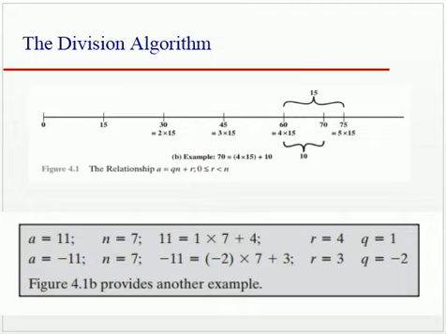So in this case r will be equal to 3, while the quotient q is equal to minus 2. You can perform this by representing these numbers on a number line. So you can practice more examples so that you get this idea clear regarding the division algorithm.